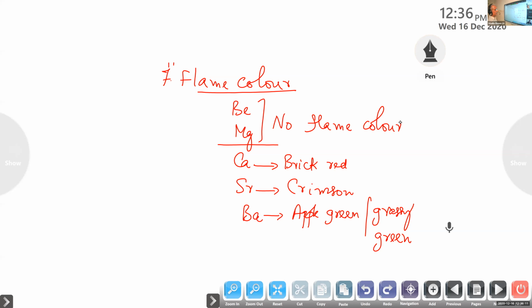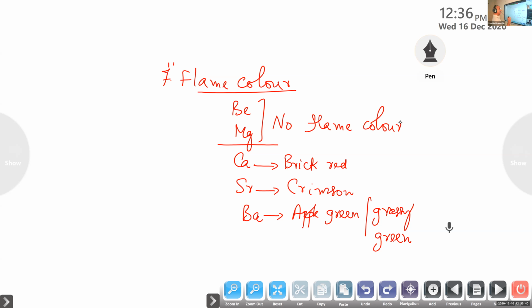Remember what happens when the salt is shown to the flame? Yes, the electrons absorb energy from the flame. The electrons get excited. The excited electron then falls down to the ground state.